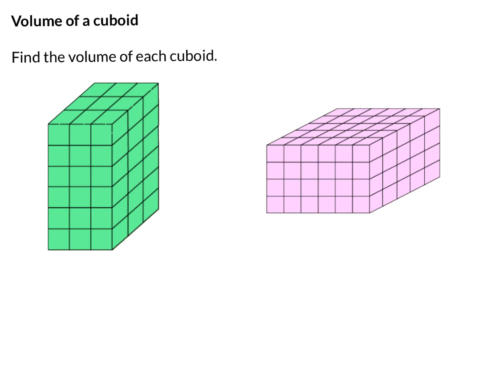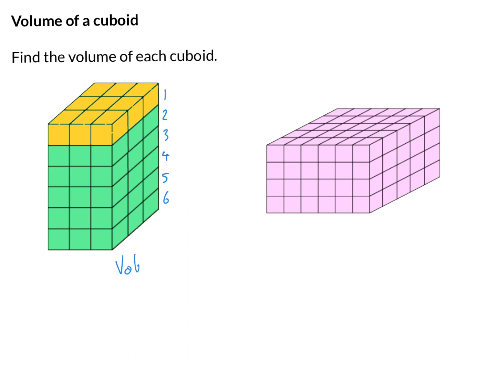If we look at the top layer of cubes, we can see that it's made up of 1, 2, 3, 4, 5, 6, 7, 8, 9 cubes. We can then see that the whole shape is made up of 1, 2, 3, 4, 5, 6 layers.